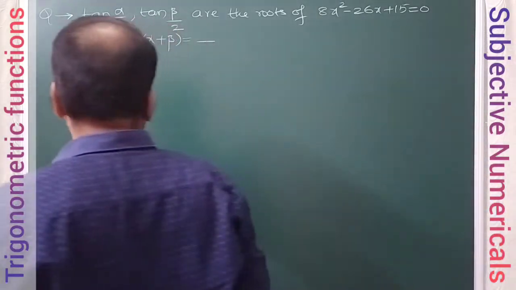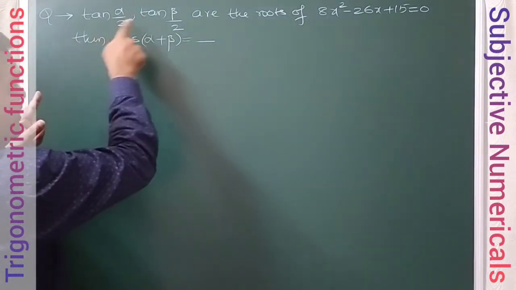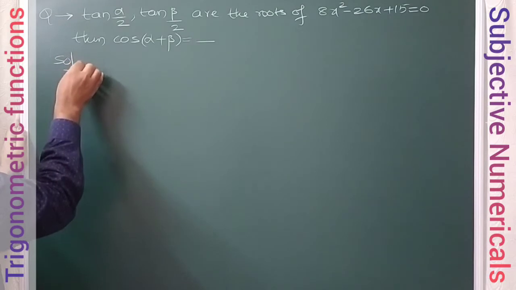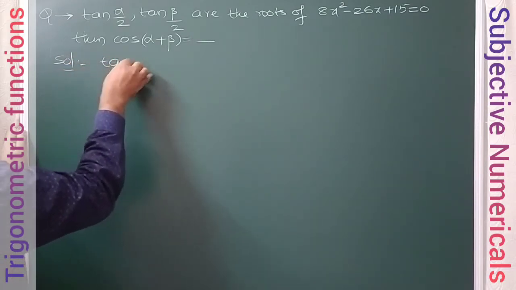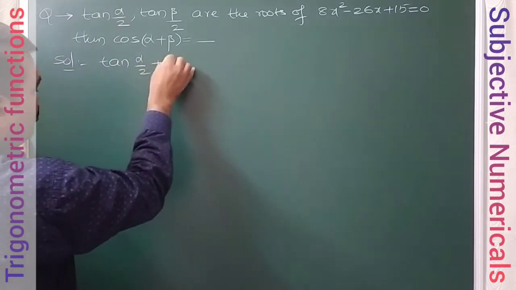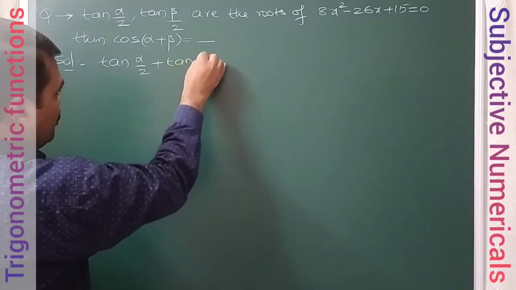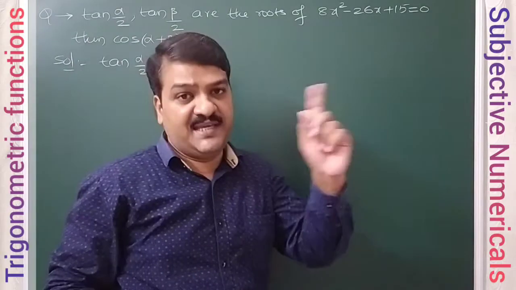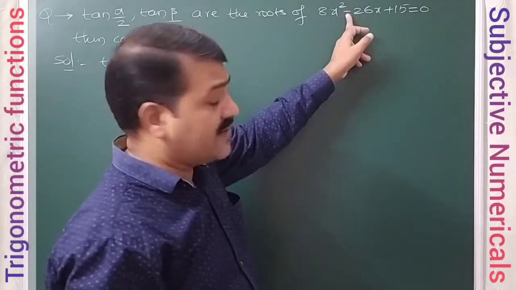So therefore first I will try to write sum of the roots for the given quadratic equation. Sum of the roots, that means tan alpha by 2 plus tan beta by 2. Sum of the roots minus b by a. Minus, already minus is there.